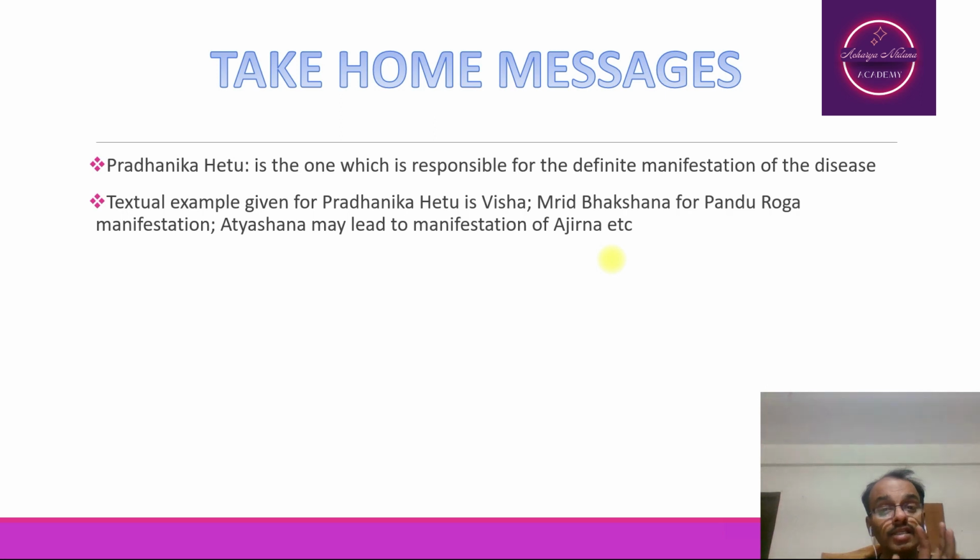Other examples we can put forth: a person consuming mridbhakshana, eating clay or mud, may have the manifestation of Panduroga. Or another example, if a person does Ati Ashana, the consumption of a large amount of food in a particular time period, there may be the possibility of manifestation of Ajirna.